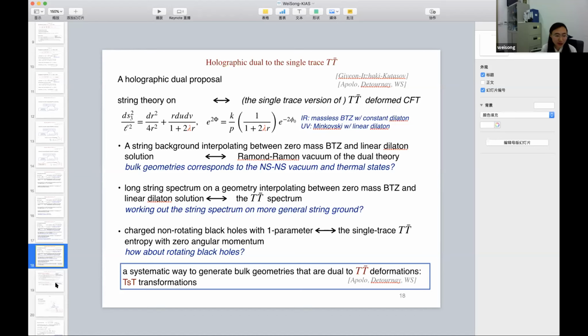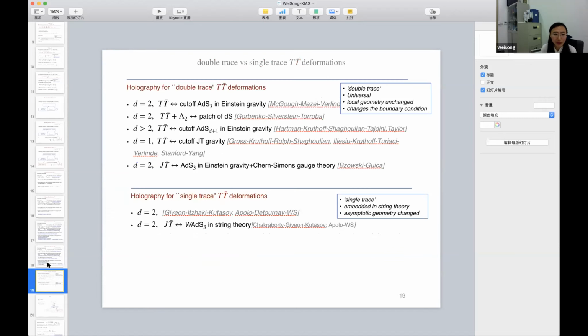I think I'm going very slow, so I need to speed up. Here is a summary about this double trace and single trace deformation. There is more work on the holography for the double trace deformations, and there is also this TTbar deformation.